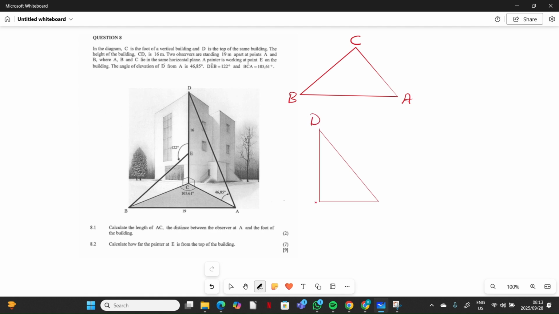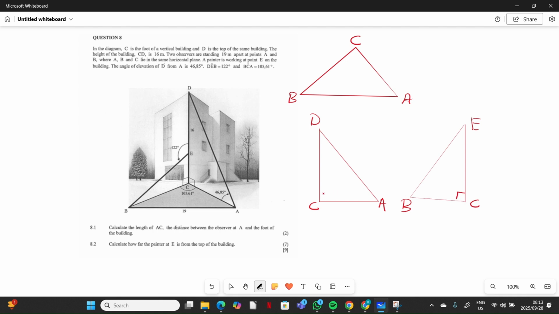That is our second one. Then the last one would be ECB, right? So we have E, C, then B.